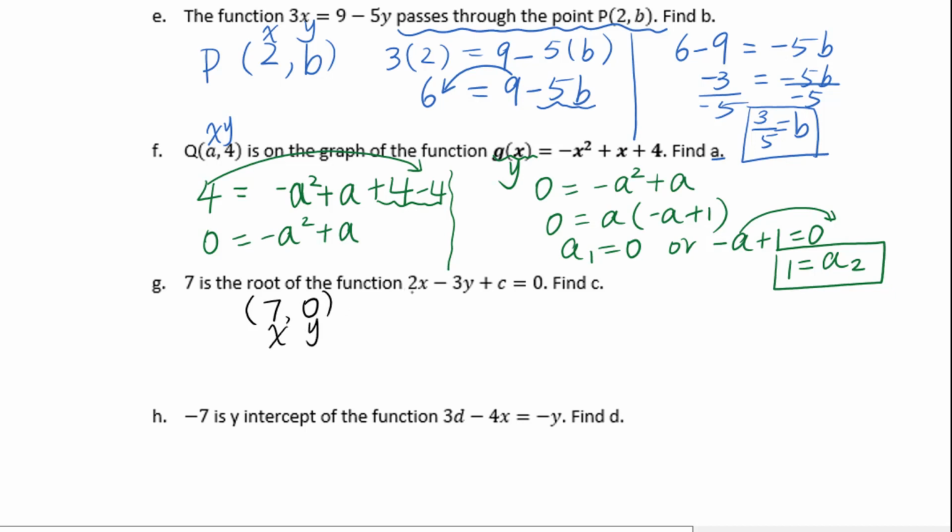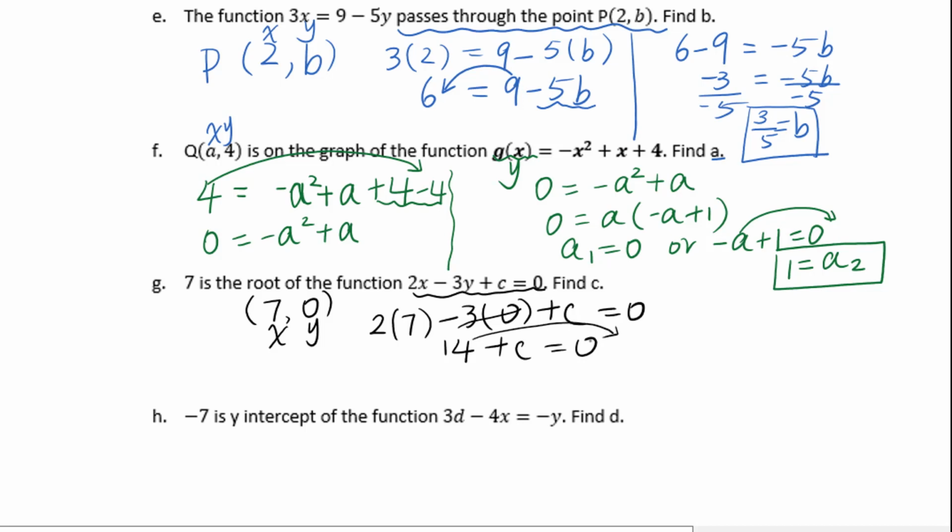Then we plug into this function. You will get 2 times 7 minus 3 times 0 plus c equals 0. This is 0, so we have 14 plus c equals 0. Cross the river, change the sign, you have c equals negative 14.